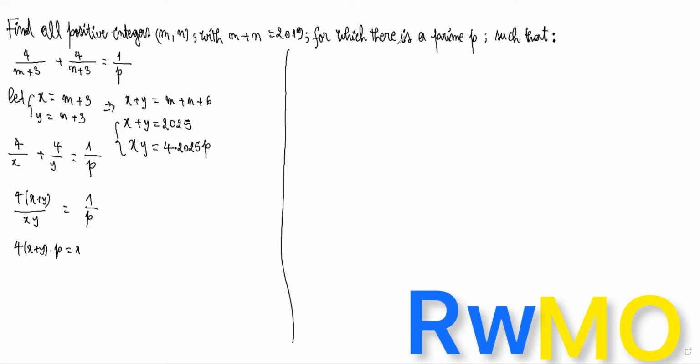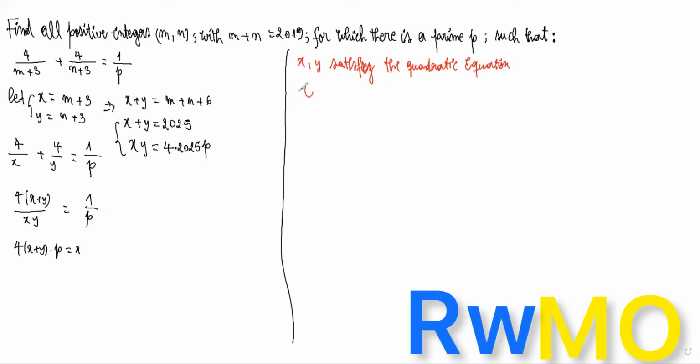Now from here, I can point out that x and y satisfy, because you have their product and sum, x and y satisfy, are solutions to the quadratic equation.